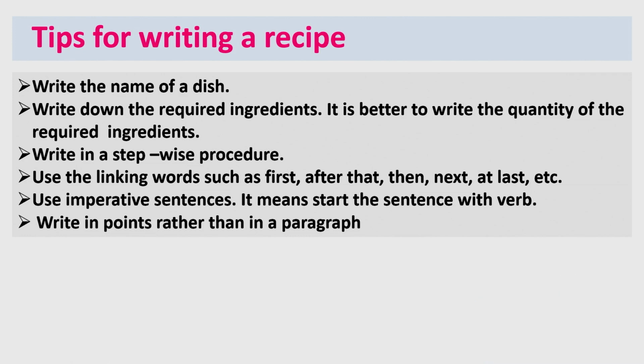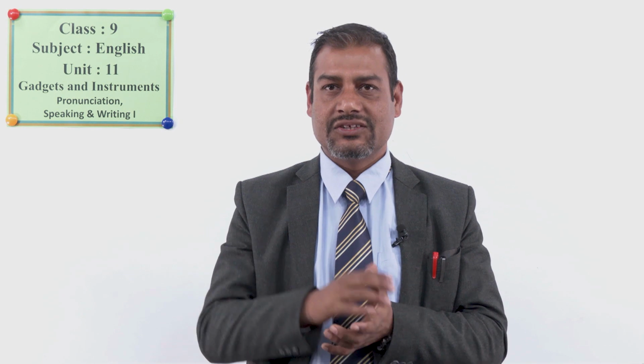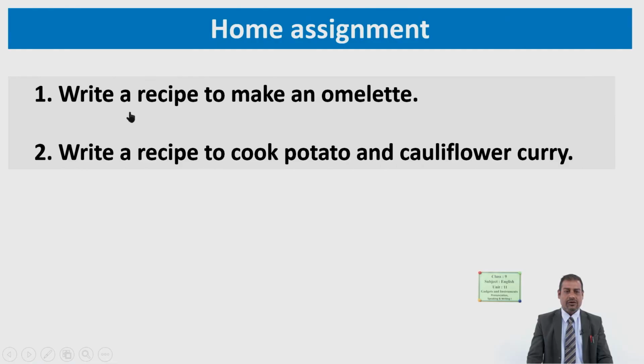Now, I hope you might have got the idea for giving a recipe. So now it's time for your home assignment, and your homework is write a recipe to make an omelette. And another recipe is write a recipe to cook potato and cauliflower curry.